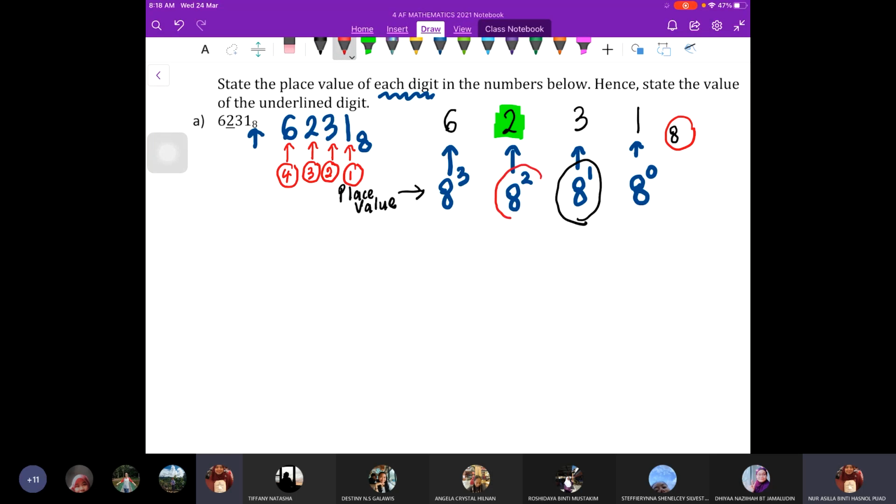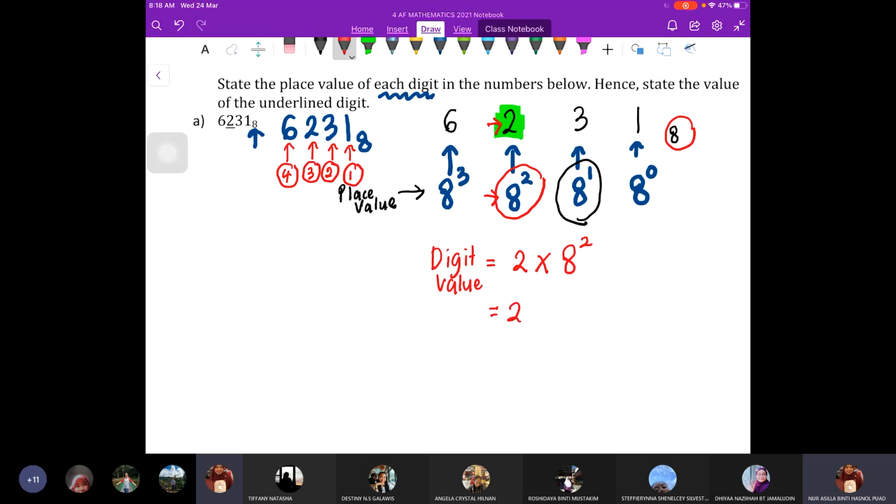Kita dah ada place value 8 to the power of 2. Jadi digit value dia will be, ambil ke atas 2. Ambil 2. Kita darabkan dengan 8 our place value. So 2 times 8 to the power of 2. Faham, 2 times 8 to the power of 2.